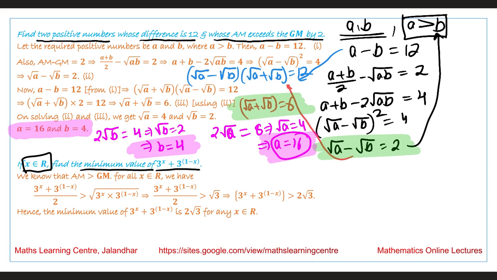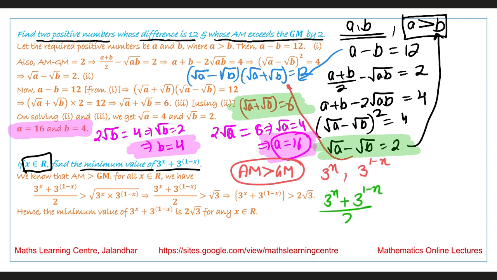So we consider two terms: first 3 raised to the power x, and second 3 raised to the power 1 minus x, and we use the result that AM is greater than GM. So we obtain that 3 raised to the power x plus 3 raised to the power 1 minus x, by 2, is greater than the square root of 3 raised to the power x into 3 raised to the power 1 minus x.